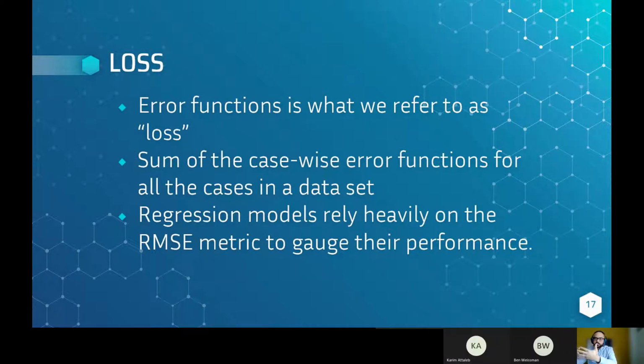This loss is also what we call the root mean square error. Regression models rely heavily on that metric. There are other metrics for loss, but here we work with that particular metric.